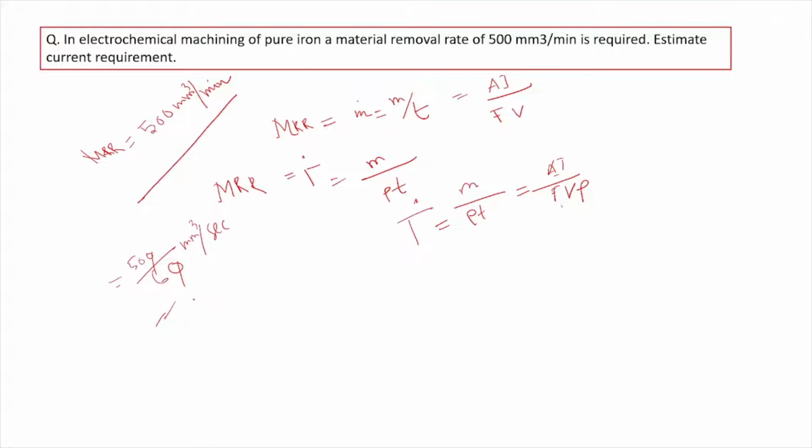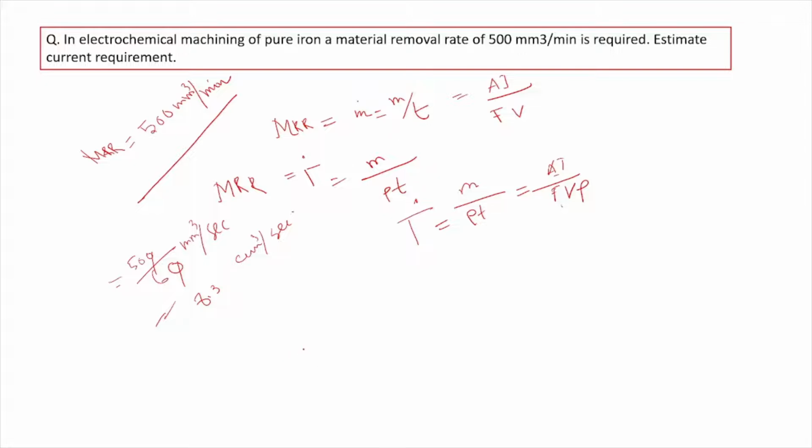If we divide 50 by 6, how much do we get? It's approximately 8.3. Is it correct? Yes. Okay, so we are getting 8.3 cubic millimeter per second.